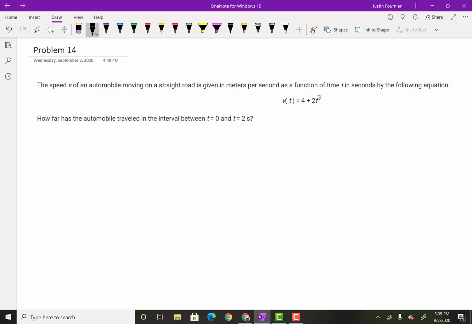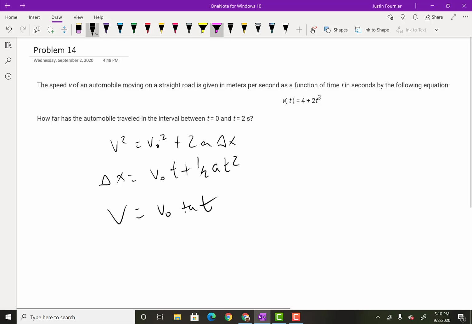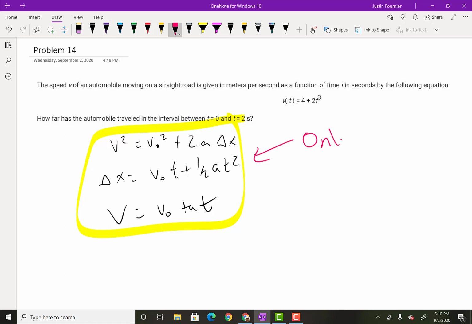The thing is that this acceleration is not constant, and those kinematic equations, v squared equals v naught squared plus 2a times the displacement, and displacement equals v naught t plus 1/2 a t squared, v equals v naught plus a t, they only work in constant acceleration.